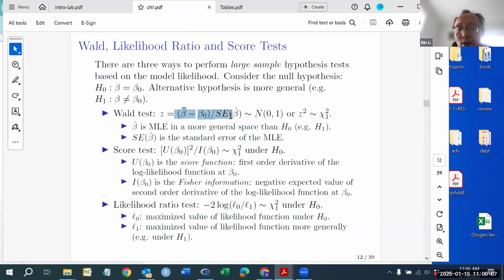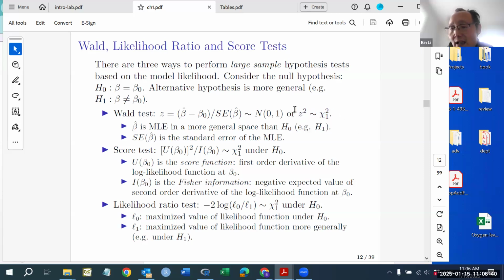And the ratio follows a normal distribution under the null hypothesis. I didn't put the "under the null hypothesis" there, but you should know that. So under the null hypothesis, this statistic follows a standard normal distribution. Or we can take a square, which means it follows a chi-square. This is something you also need to know: the connection between a standard normal distribution and a chi-square distribution with 1 degree of freedom.